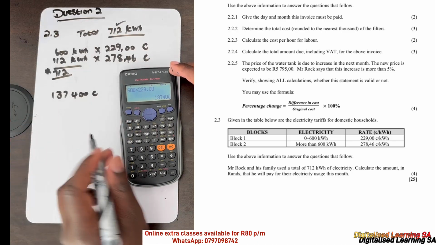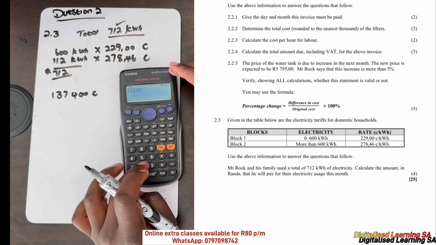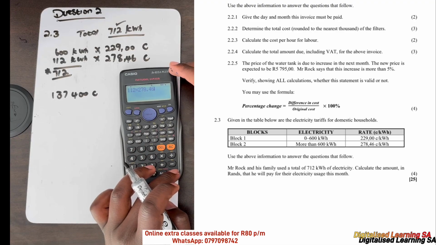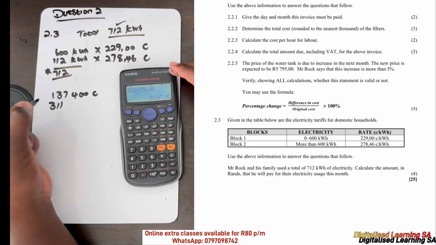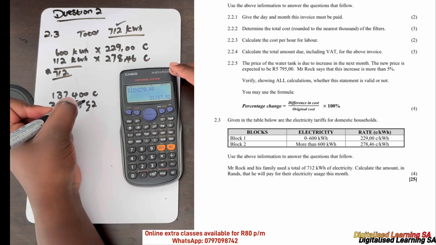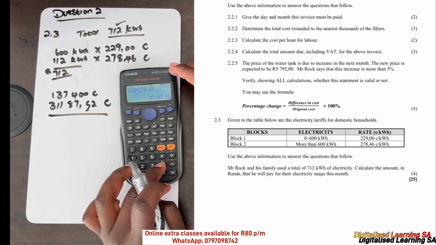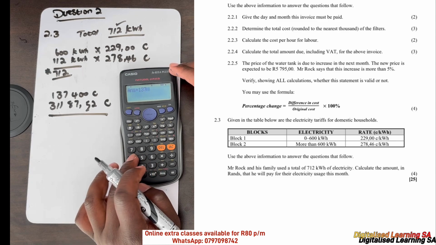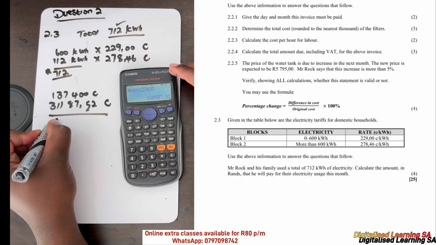And then now we say 112 multiplied by 278.46, and our answer will be 31187.52. This is in cents. So now we can just add the two. So it will be 137,400.